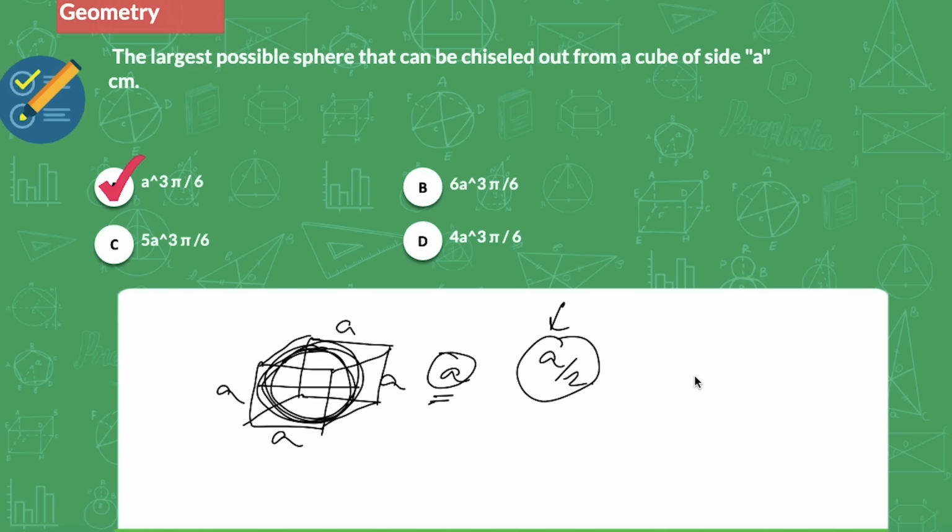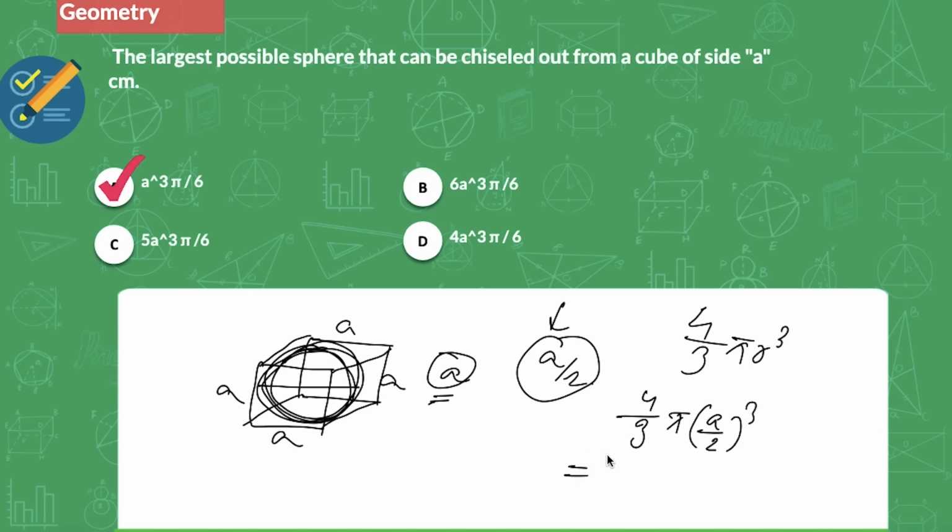So that means the volume. The formula for the volume of a sphere is 4 by 3 pi r cube, where r is a by 2. So 4 by 3 into pi into a by 2 the whole cube.